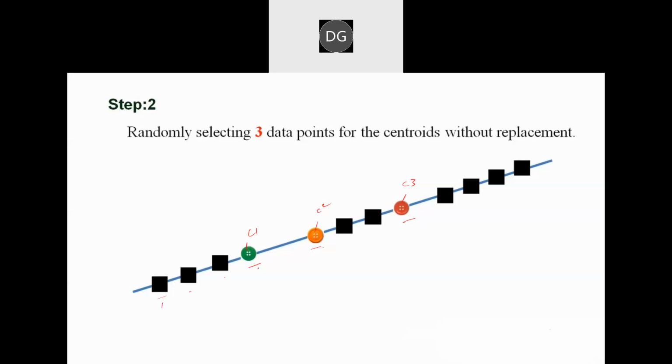It belongs to cluster 1 only. Why? Because the distance between the point which you are placing and the cluster, out of these three clusters, C1 only has the closest distance, right?